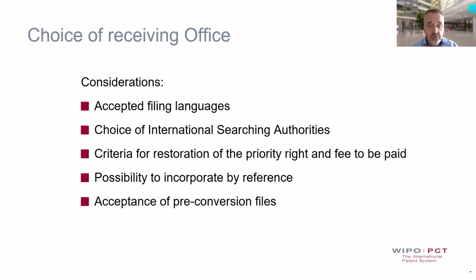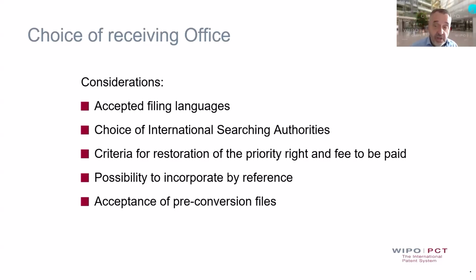Similar possibility: incorporation by reference. Not all offices allow incorporation by reference. I haven't explained this concept too much, but it's basically the possibility, if your PCT application is incomplete or maybe contains the wrong set of claims, to pull what's missing or what should have been included from the priority application into the PCT.